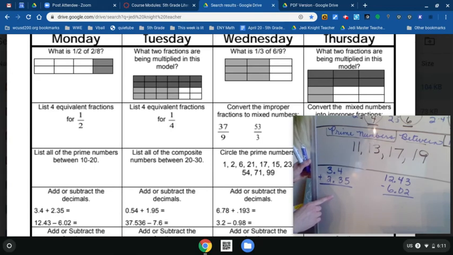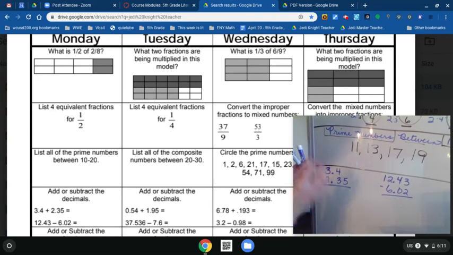Okay, so this first one for addition, the tricky part is that it's laid out horizontally, so you just have to make sure you rewrite it vertically and you line up the decimals because it's addition. It's really important whenever it's addition to make sure that the decimals are lined up. Multiplication doesn't matter as much. Now here we do have a little bit of a cliff in the hundredths, so we can go ahead and put a 0.